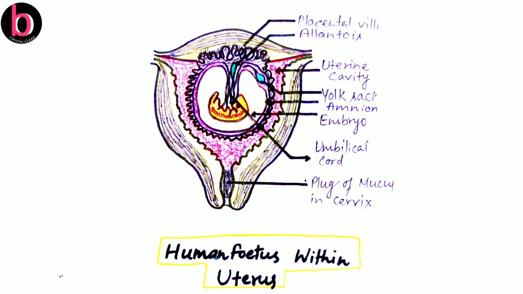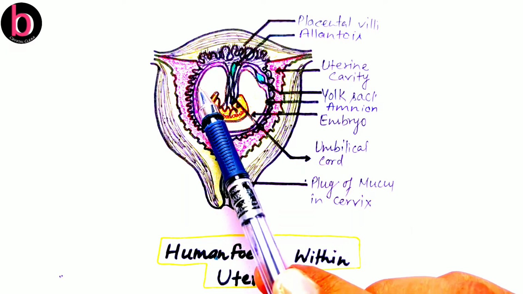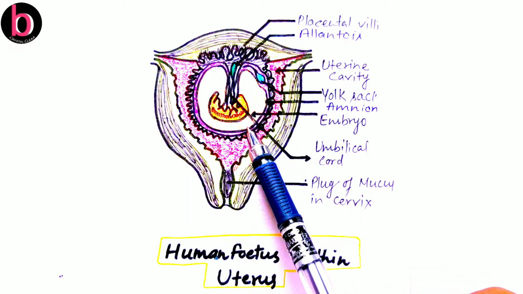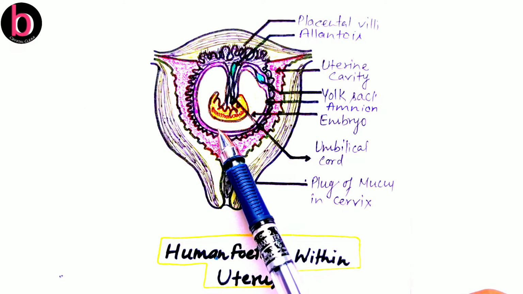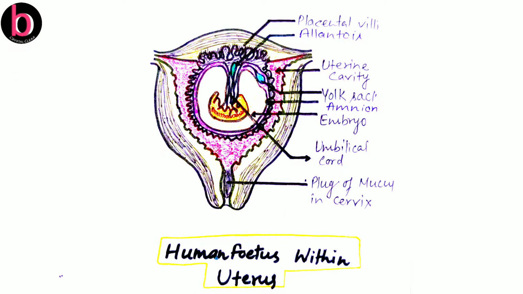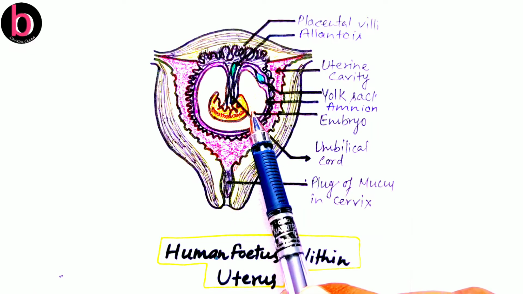Second is amnion. In this diagram, the next covering, this one, is amnion. Amnion also covers the whole of the embryo, but this is inside the chorion. Amnion is filled by a liquid known as amniotic fluid, and the cavity is known as amniotic cavity.